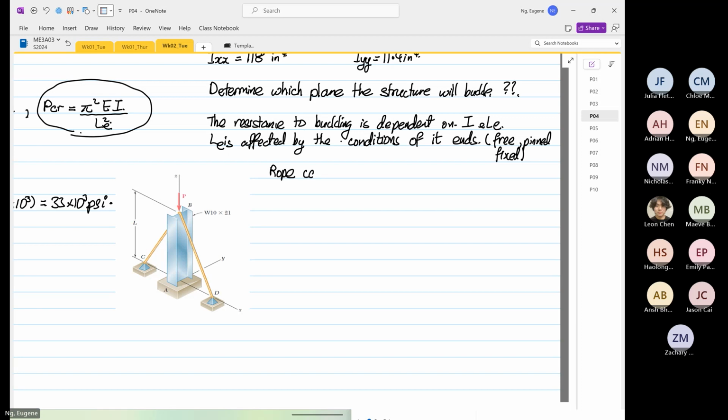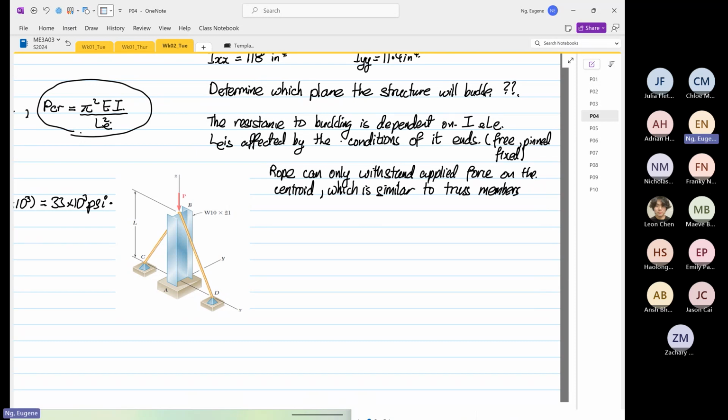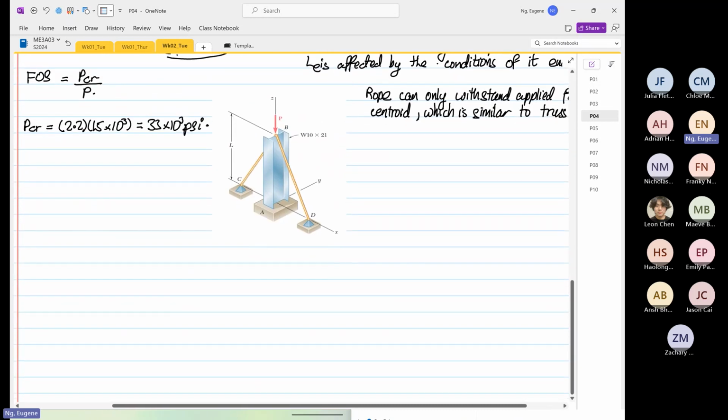Can only withstand applied force on the centroid, which is similar to truss members. Okay. So what do I mean by that? You can see this rope.